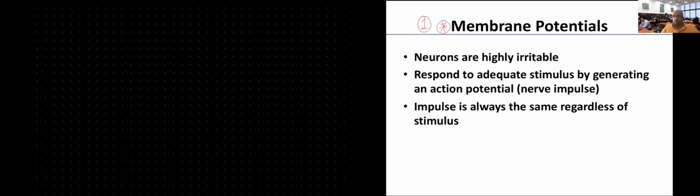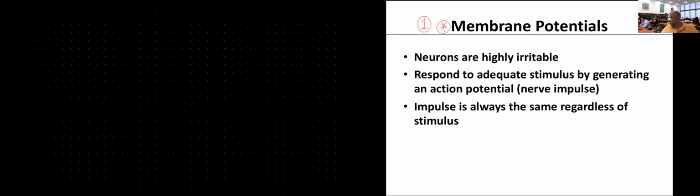So now we are starting our discussion of the membrane potentials. The membrane potentials are the electrical changes taking place in the plasma membrane of the nerve cells that allow it to conduct and create an electrical impulse.